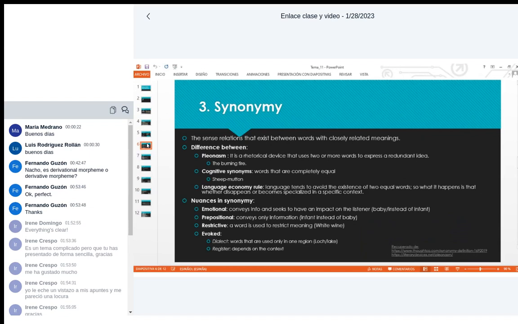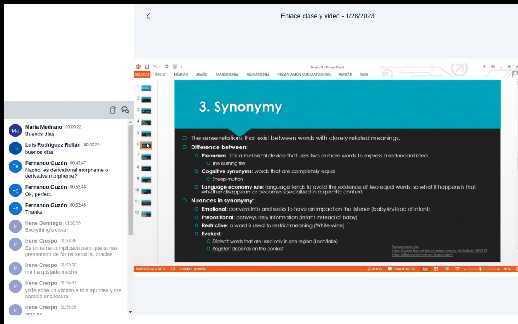The registers, we know that there is the formal register and the informal register. So if we were to hear a teenager speaking, they would rather use puke rather than vomit.